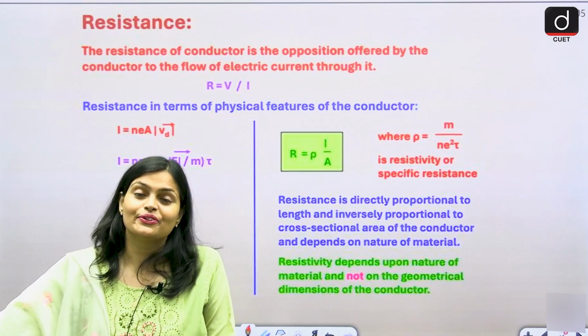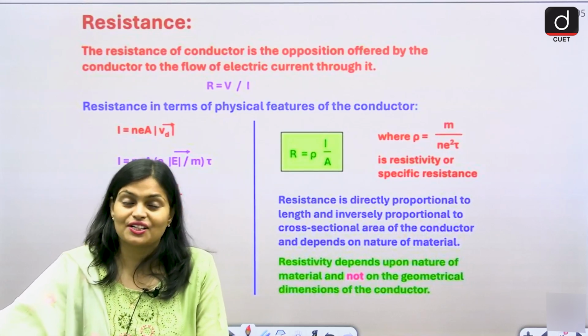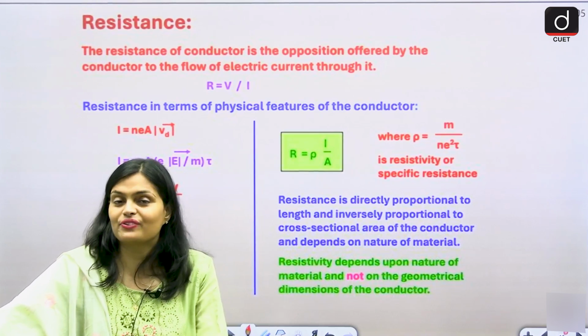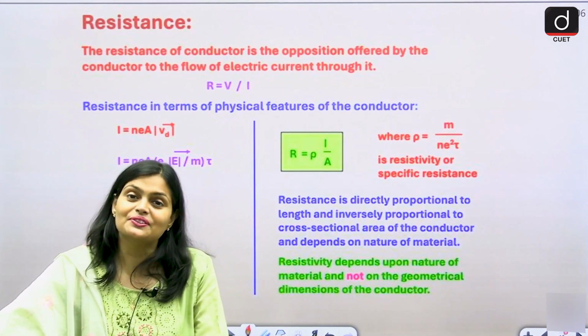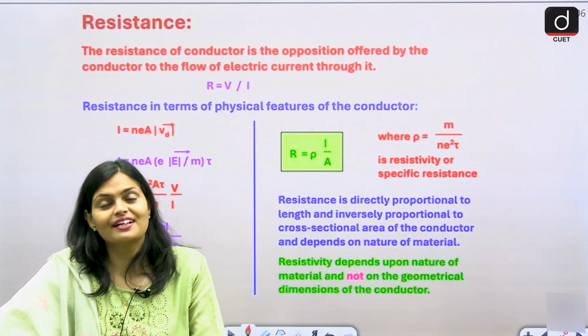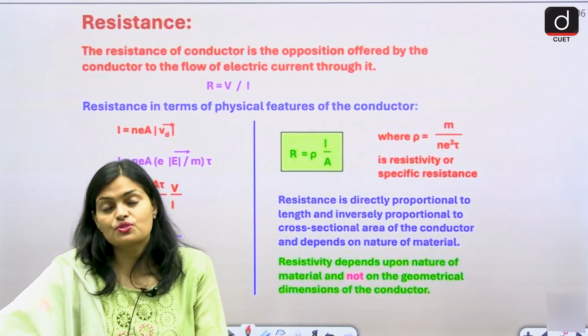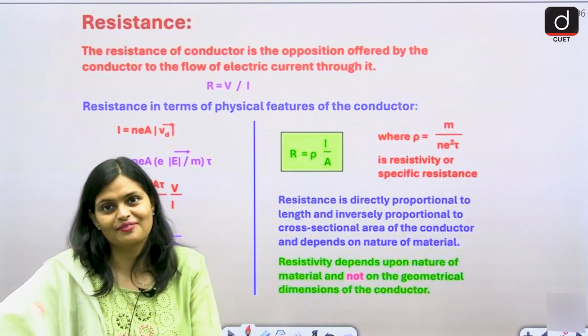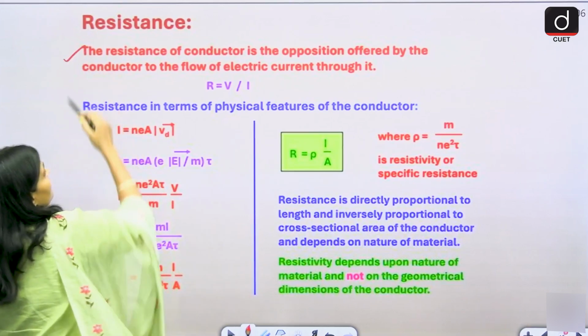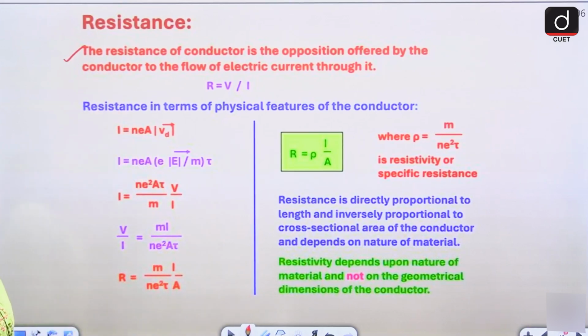So your friends are your resistance. You are the current, you are studying, right? You are very good, but your friends distract you. So similarly, whenever a current is flowing in a conductor, resistance will obstruct the flow of current. Okay. So the resistance of a conductor is the opposition offered by the conductor to the flow of electric current.